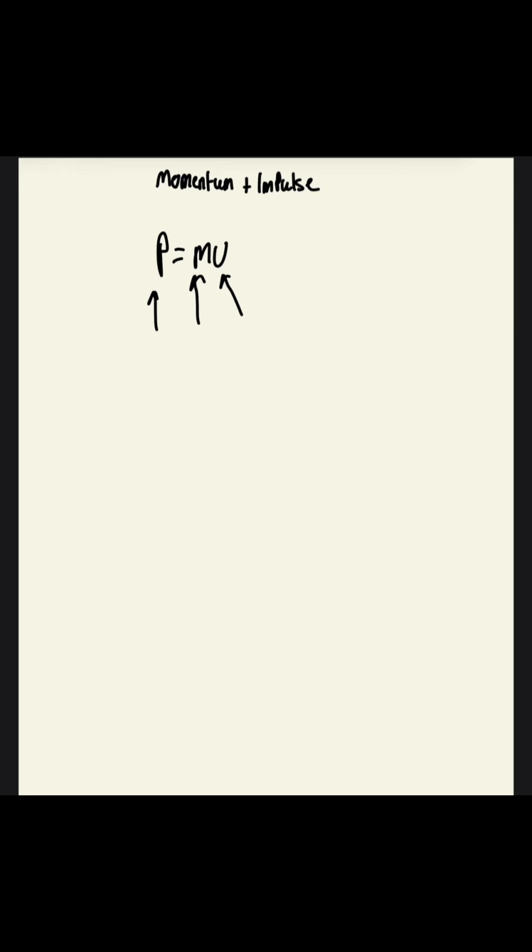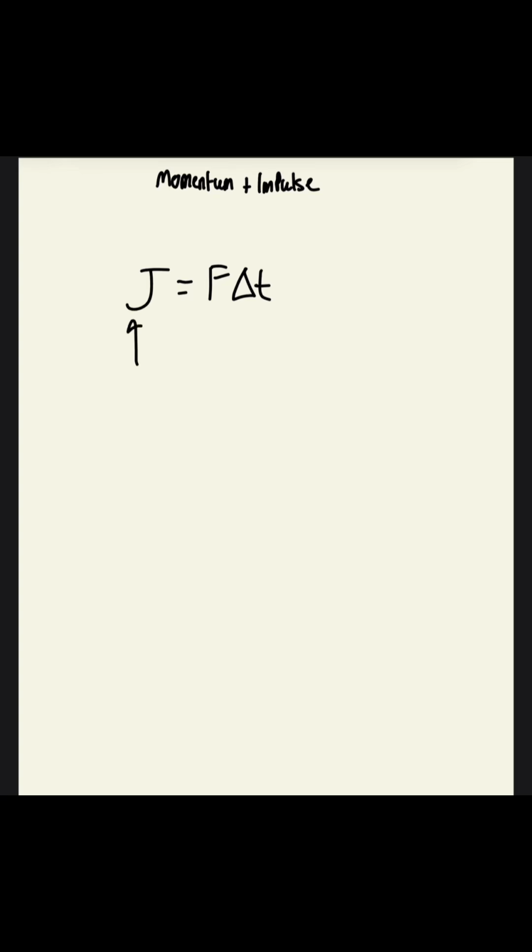All right, so impulse. Impulse is the product of a force and the time interval over which it acts. So the formula for impulse is J equals F times delta t, the change in time.